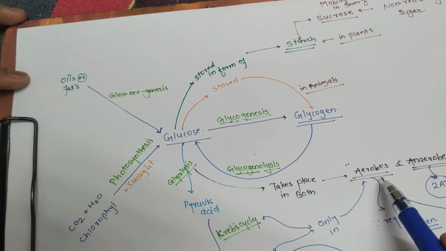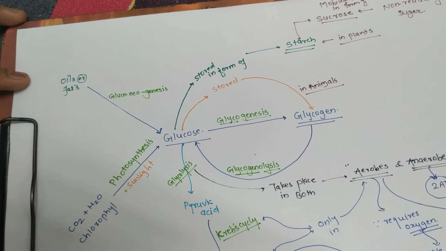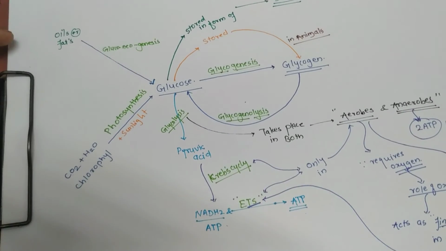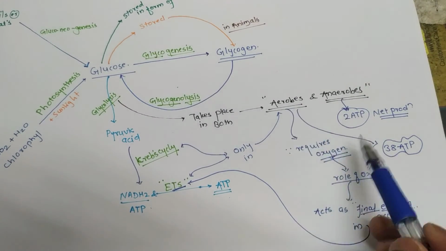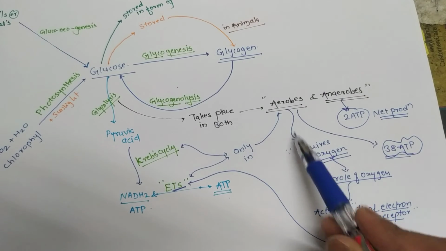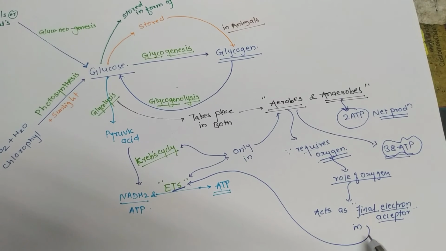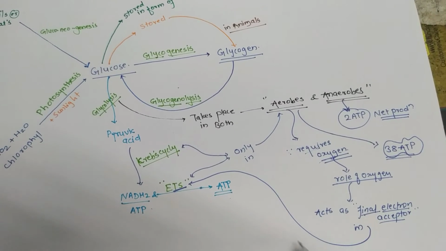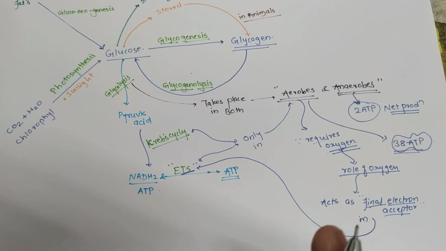So with the help of oxygen, the net profit is 38 ATPs. So this is the aerobes, 38 ATPs, and aerobes require oxygen. The role of oxygen is to act as the final electron acceptor in the electron transport system. Okay, great.